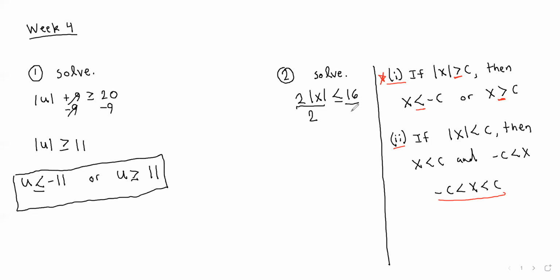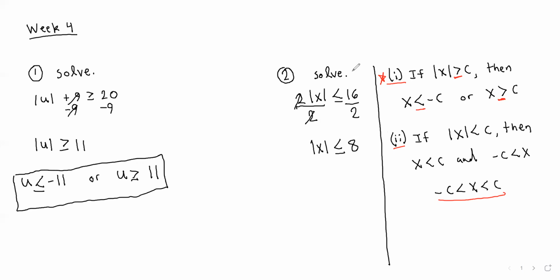So I divide the left by 2, and I divide the right by 2. So we have here on the left a 2 over 2, which is just a 1, so you can just cross these out and ignore them. So our simplified version of this equation is on the left we have absolute value x, and then less than or equal to 16 over 2 is 8.